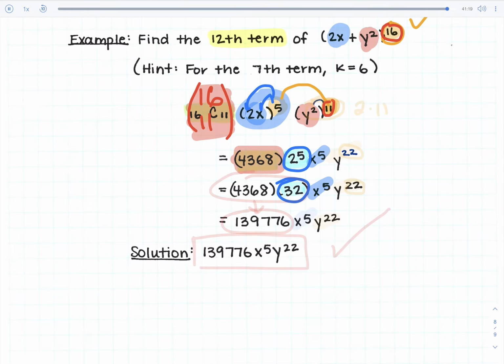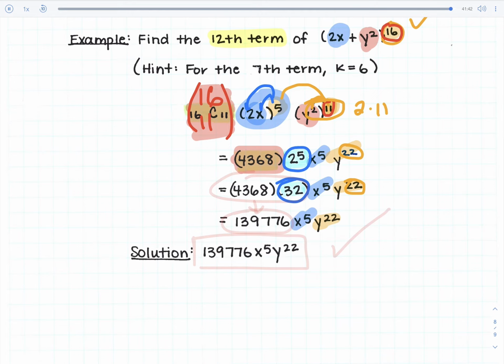What happens when you raise something to a power that's already got a power? Remember, you multiply the powers, so we get 2 times 11, which is 22 as our exponent. So we've got an x to the 5th and a y to the 22nd here.